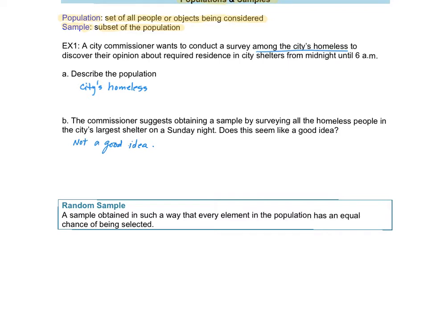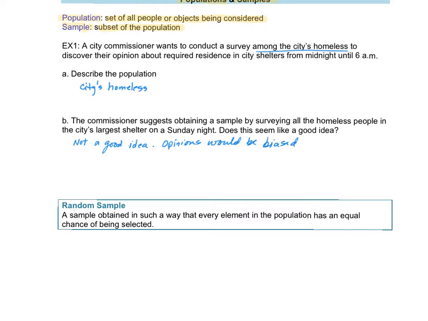So the opinion would be biased, and for a number of reasons. One, the homeless that they would be talking to are already in a shelter. Two, they're only talking to homeless people on a Sunday night.